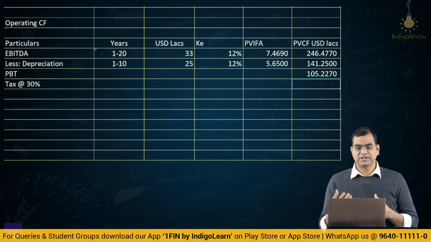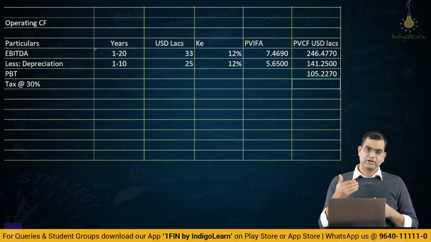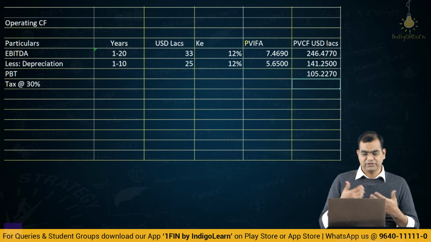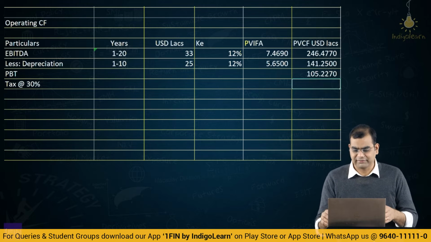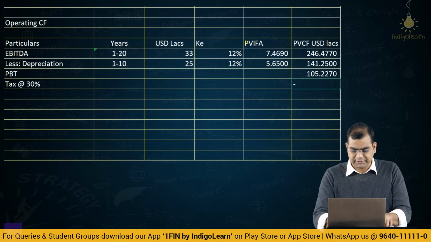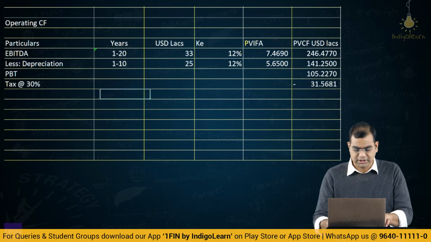One way is to compute the tax benefit arising on depreciation independently and add it back to post-tax EBITDA. According to me this is a much simpler way, we need not complicate our life. So, minus 30% into 105.227 gives the tax, and you subtract the tax from PBT to get PAT.